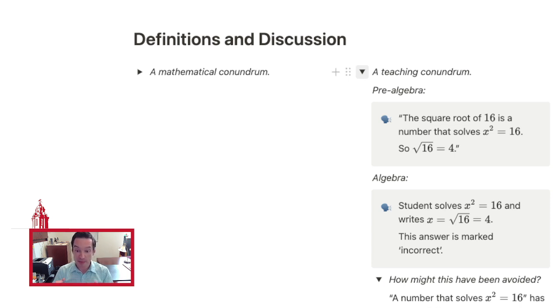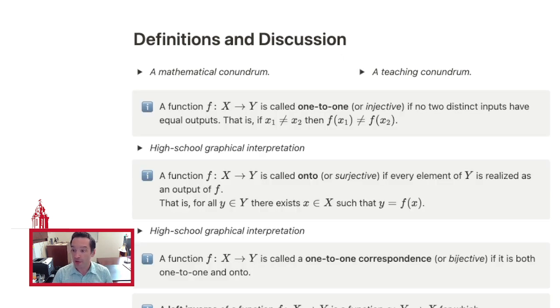But these are ideas that we want to take from the high school curriculum and then kick them up another notch to be able to study complex functions so that we can get a handle on what might be the same as when we studied it in the real case and what new possibilities might exist. So first of all, probably the most fundamental definition for functions in this section is the idea of a function being one-to-one.